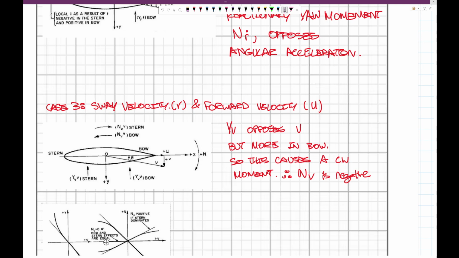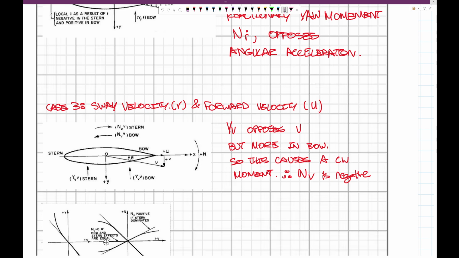Obviously, as we discussed above, any sort of velocity is going to be opposed in the sway direction. So if you're moving your boat this way, let's just ignore U for now and look at V. Any sort of V, we're going to get a natural opposing force.